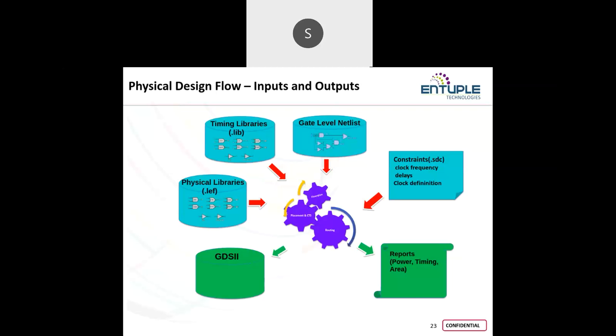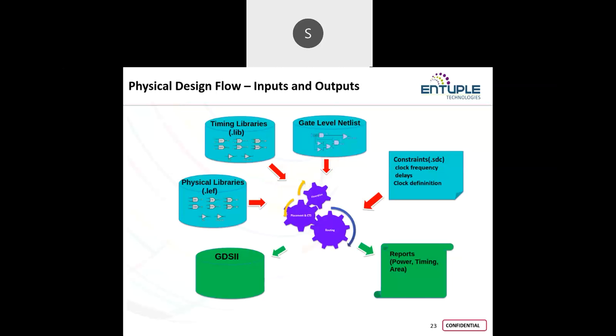So once after giving these things, I will be generating the reports with respect to power, timing, and area, and along with that I will be generating the GDS file. Usually the reports will be generated from the placement onwards.